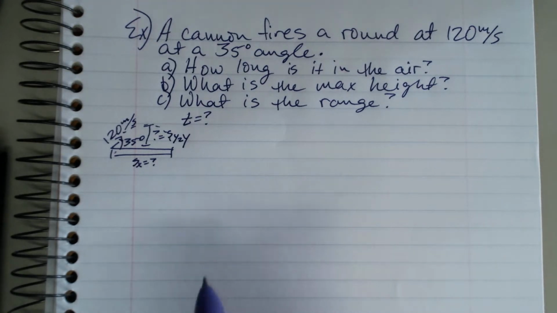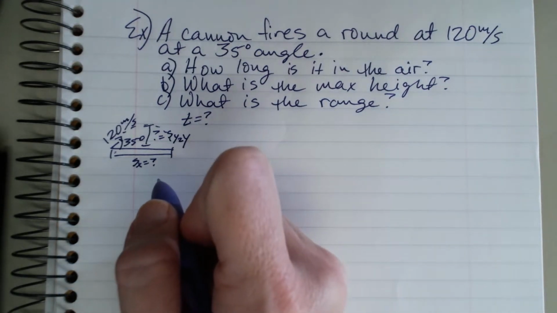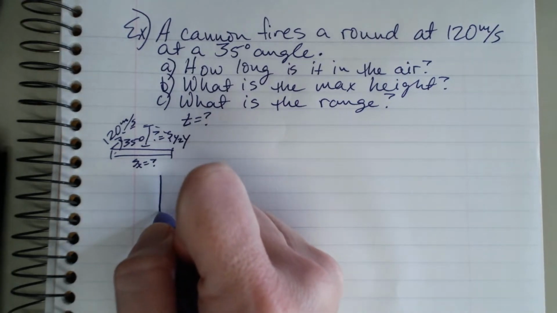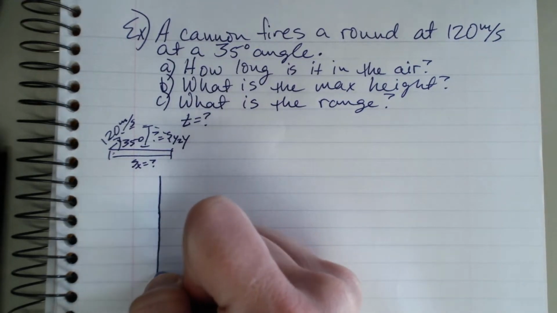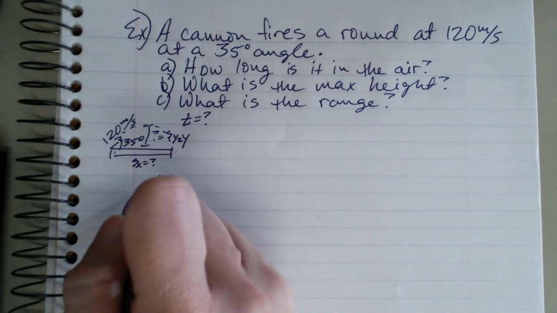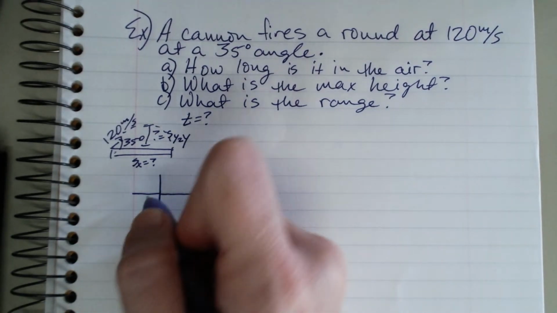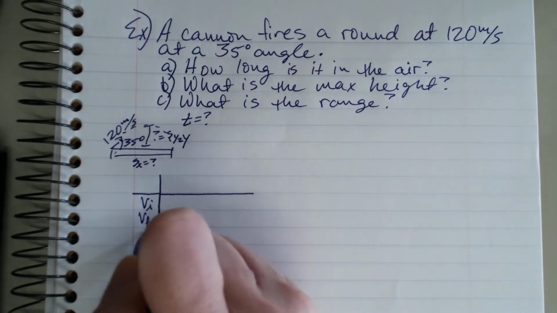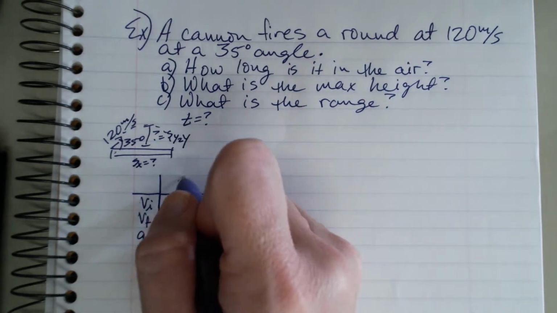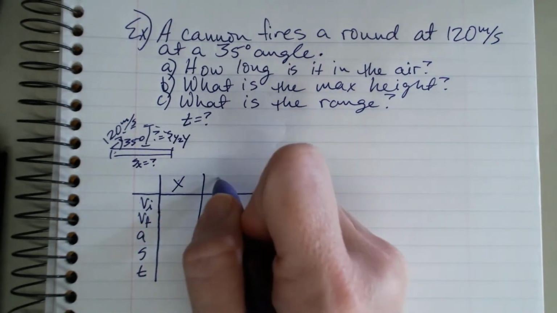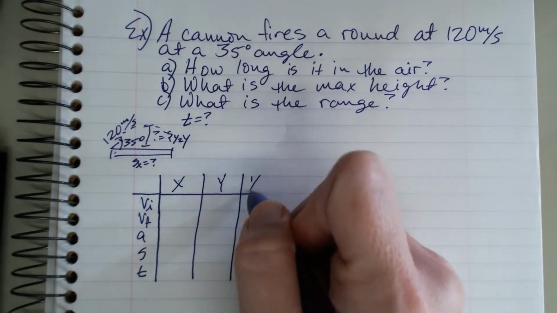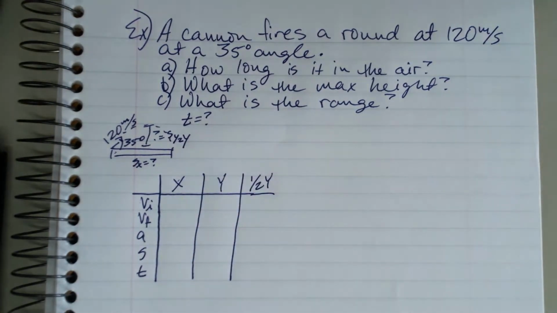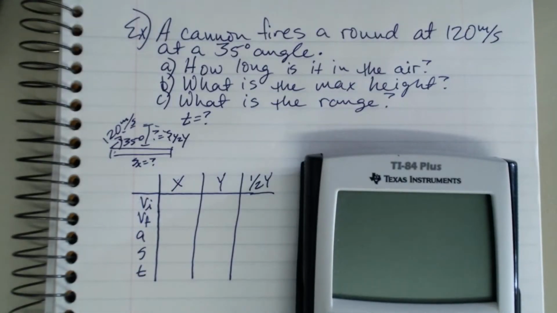Okay. So then I need my chart. My VI is 120, my theta is 35 degrees.